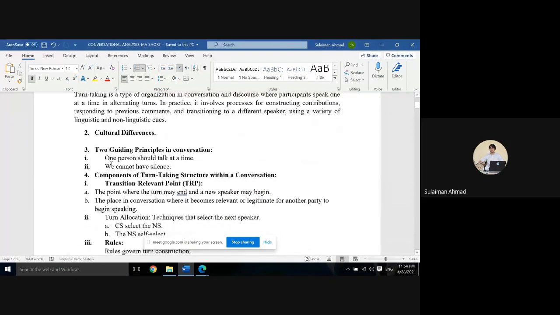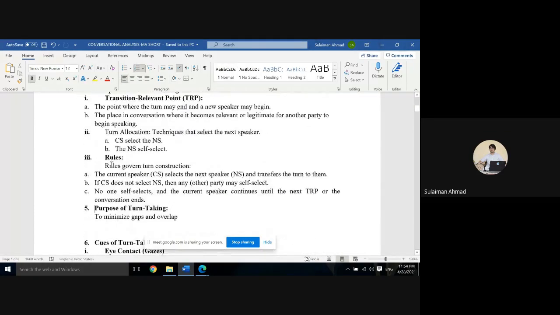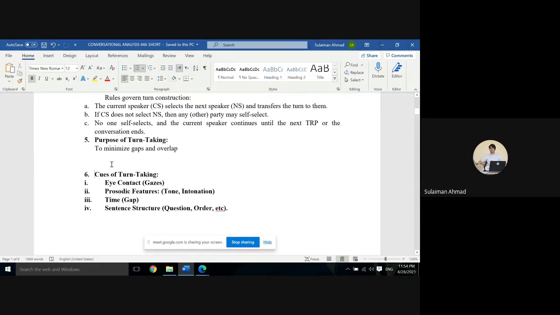Then there are certain components of conversational analysis, of turn taking in conversation: transition relevant points, then turn allocation, and then three rules. The current speaker selects the next speaker, or the next speaker self-selects himself or herself. If the next speaker does not self-select, the current speaker may continue till the next transition relevant point or till the end of the conversation, right? And then certain clues or cues or signals, indicators for turn taking and turn allocation.